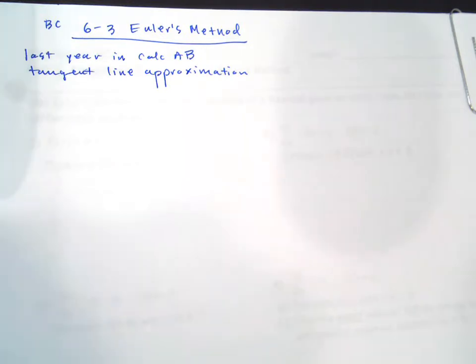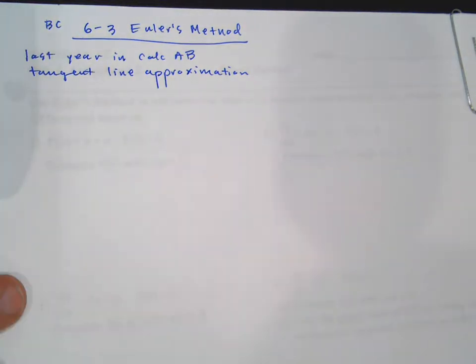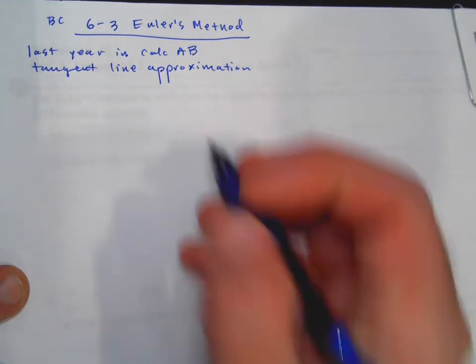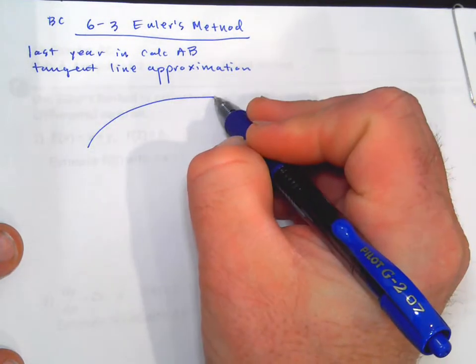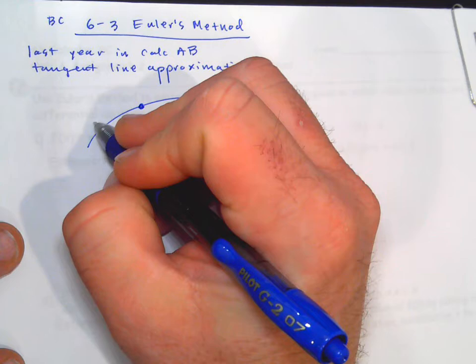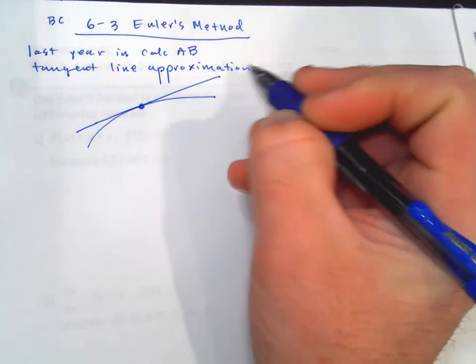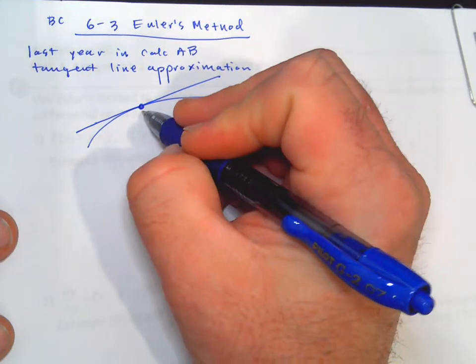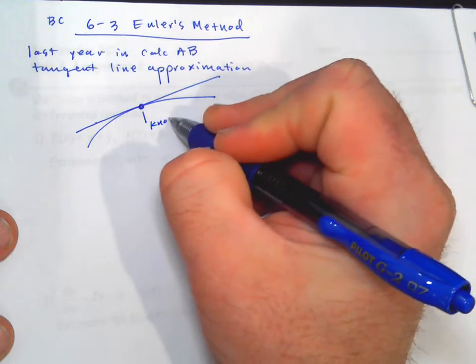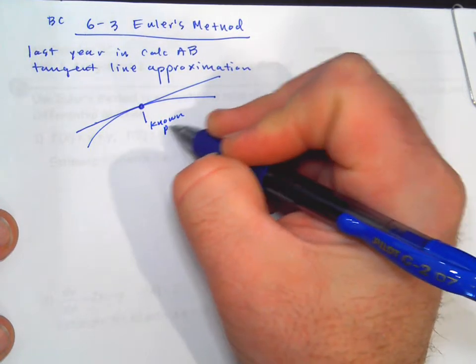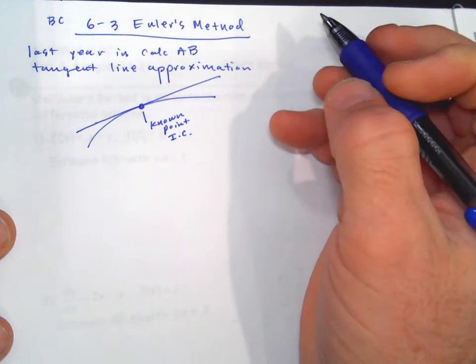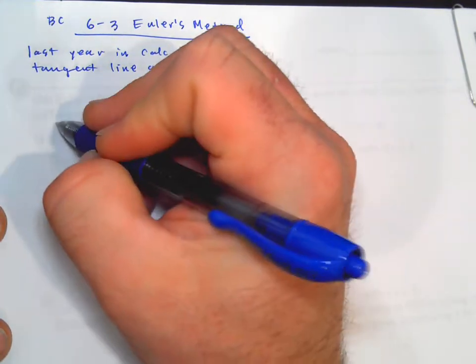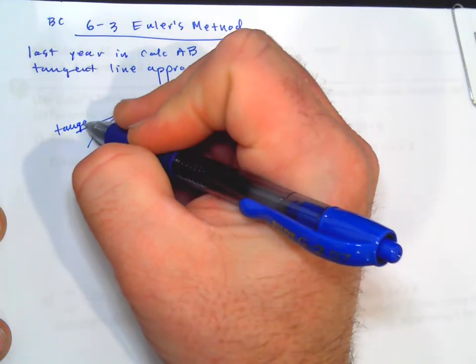And the idea was, I'll just draw a generic picture first, that you had a curve, and then you could draw a tangent line at a certain point, at some known point, which you might also call an initial condition, right? And you could construct a tangent line.